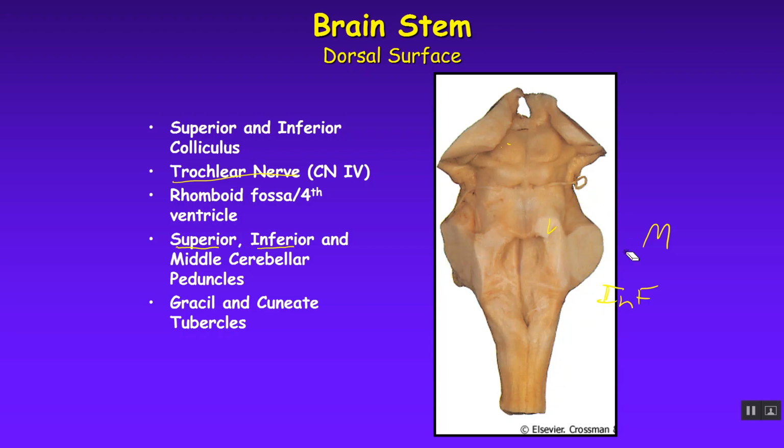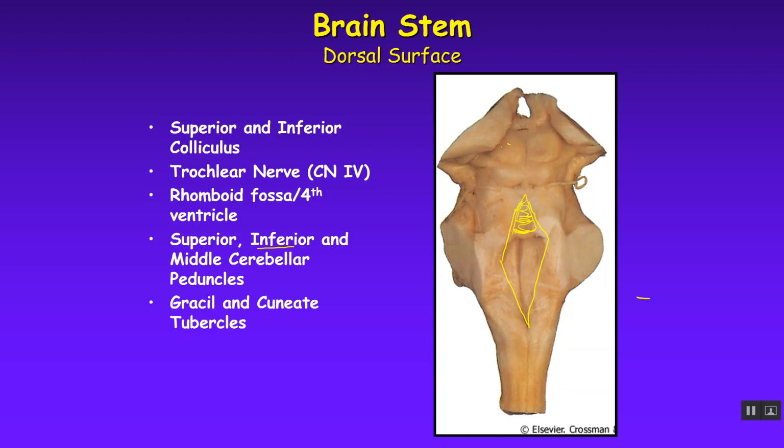Remember I talked about that rhomboid fossa earlier? When you cut the cerebellum off here, there's a little bit of membrane right here, but you can actually cut that out. And then you'll see this is the rhomboid fossa.